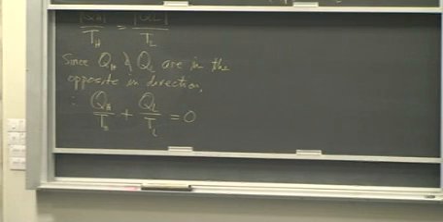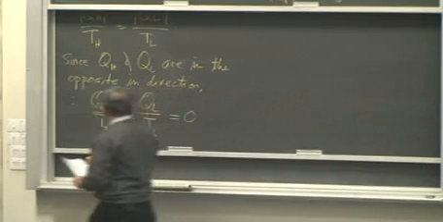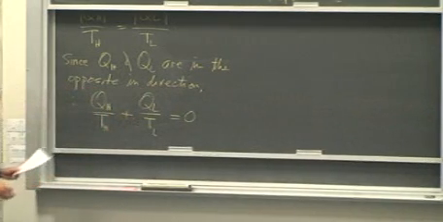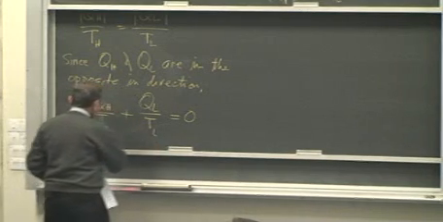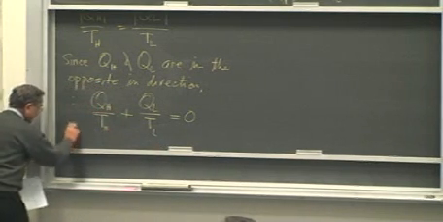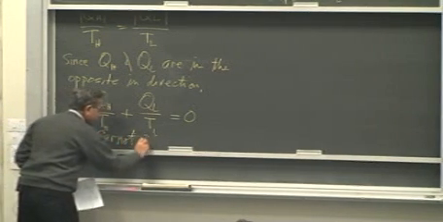So in a Carnot cycle, the sum of these two terms is 0.